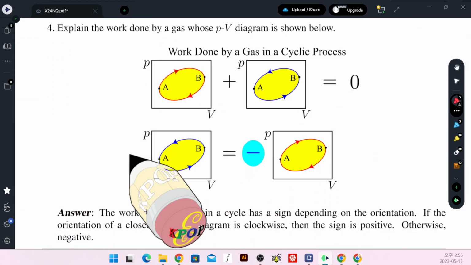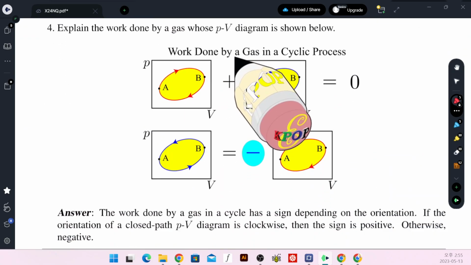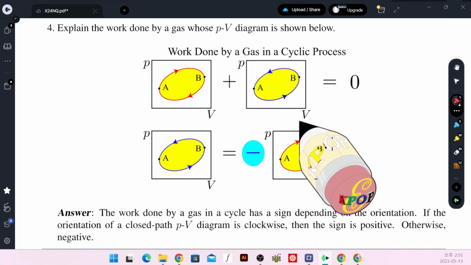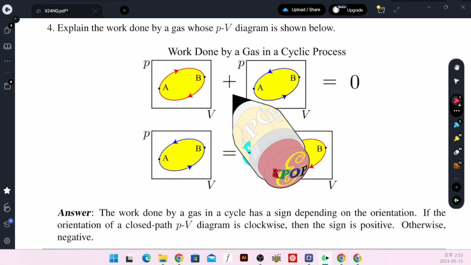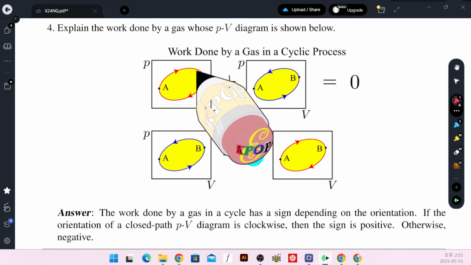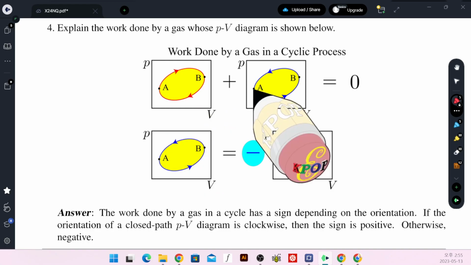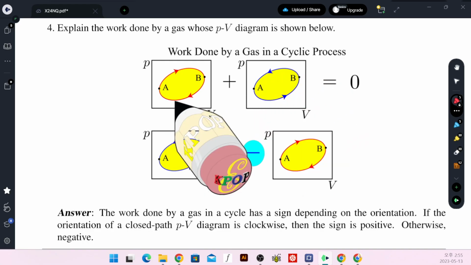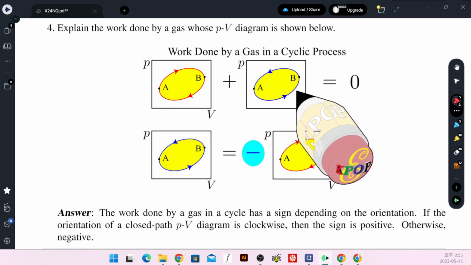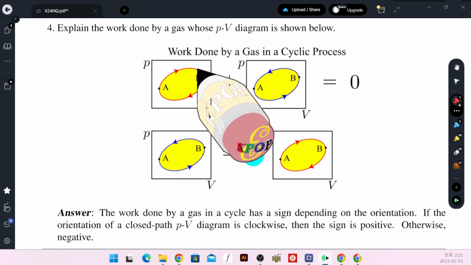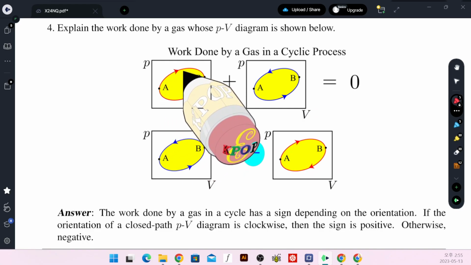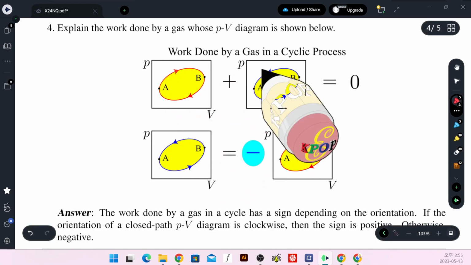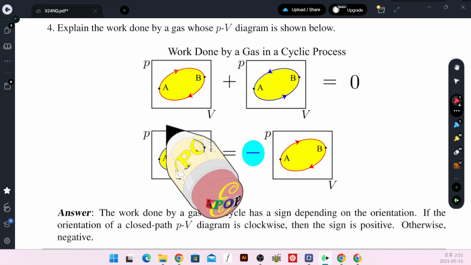Explain the work done by a gas whose PV diagram is shown below. Okay, let's see. This is a cycle, and this is also a cycle. They are the same except that the orientation of the paths on the PV diagram are opposite to each other.